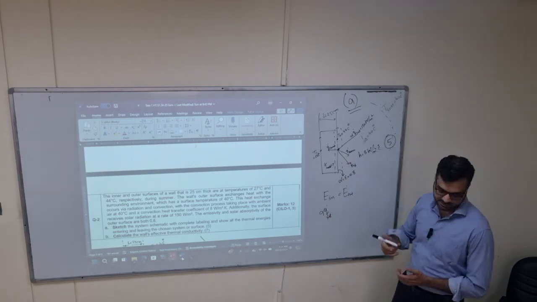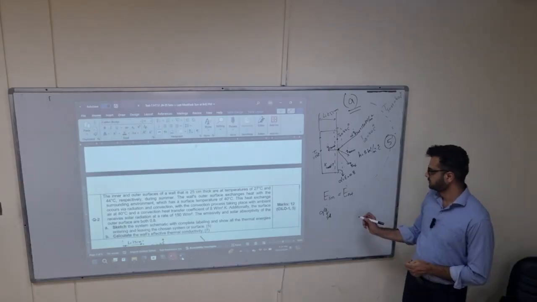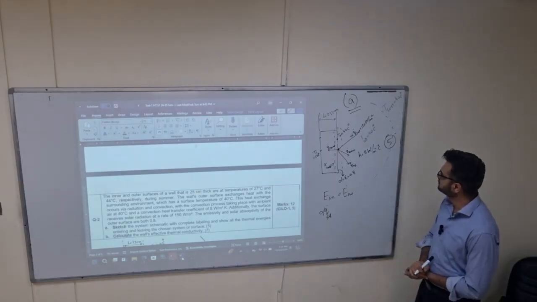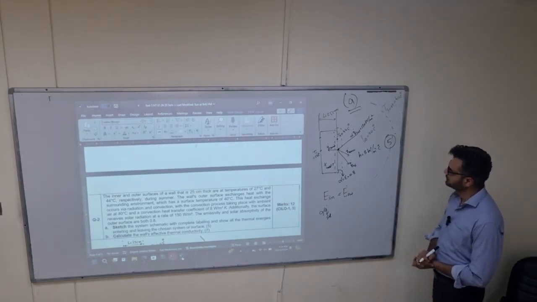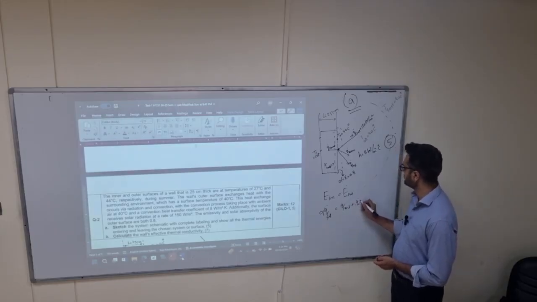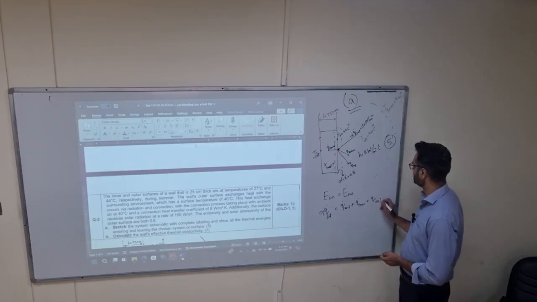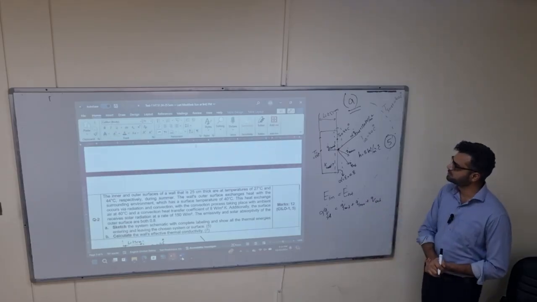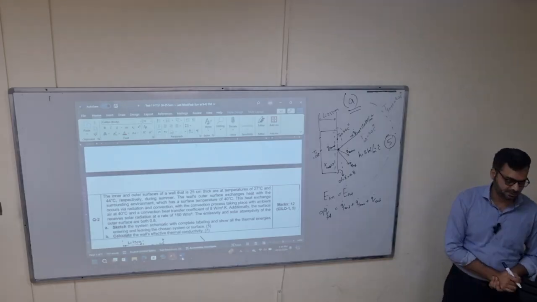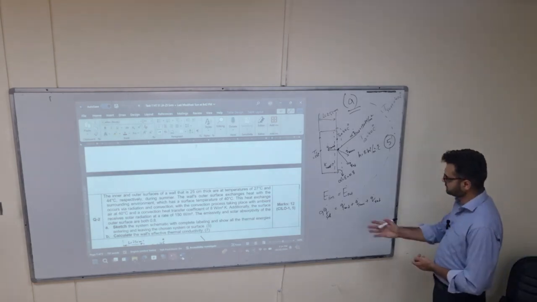That actually enters into the surface. Any other entering? No. All others are leaving. So Q conductive is leaving, plus Q dot convective is leaving, plus Q dot radiation is leaving. Small Q dots because the area is the same for every Q. Even if area is given, that will cancel out. So that's why we are writing it in.